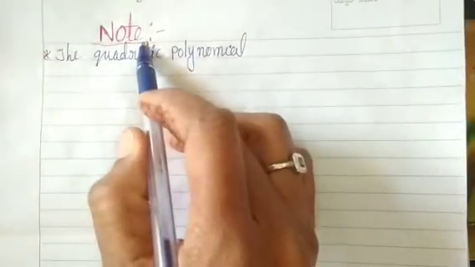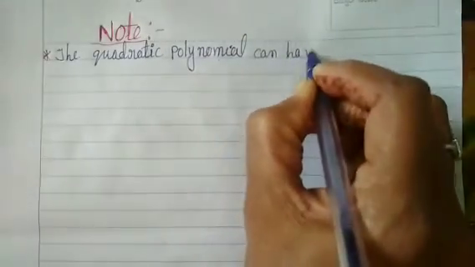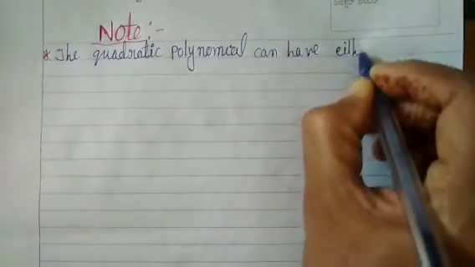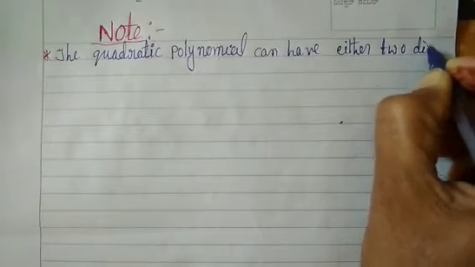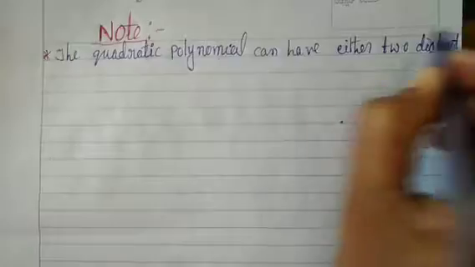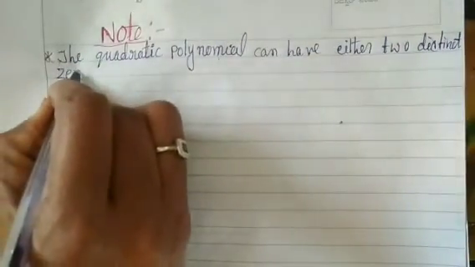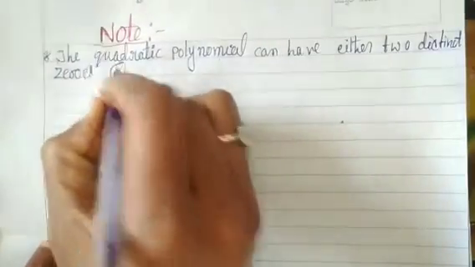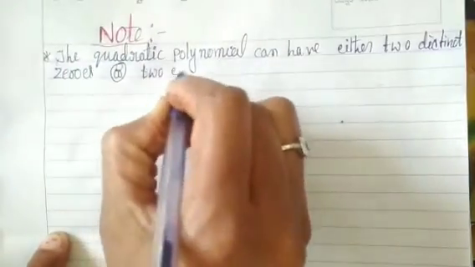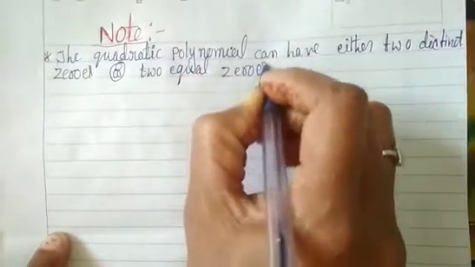Note, the quadratic polynomial can have either two distinct zeros or two equal zeros.